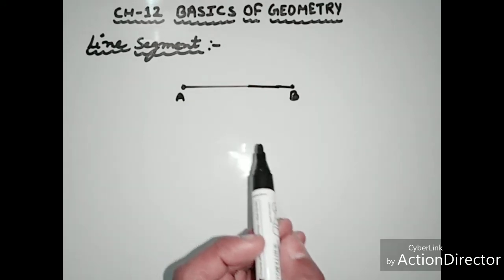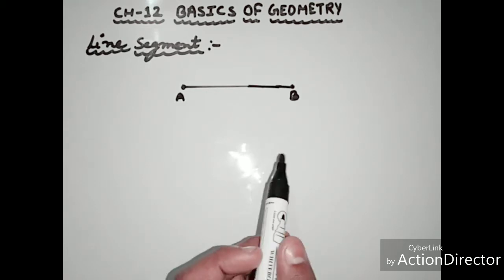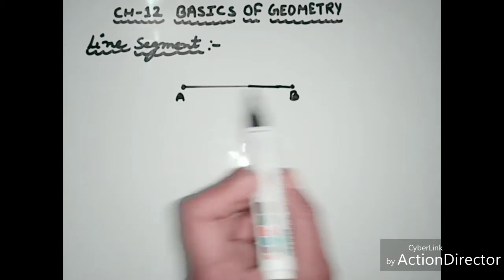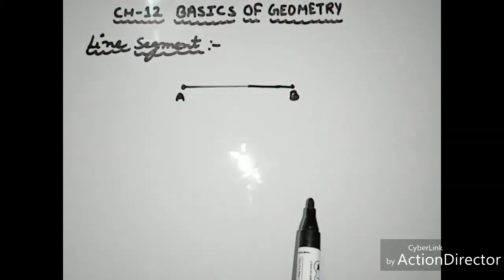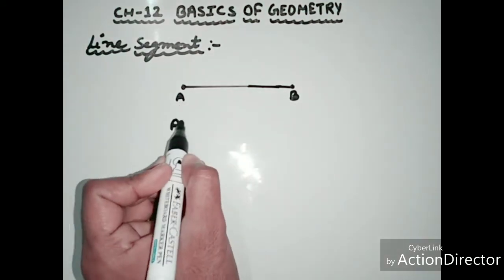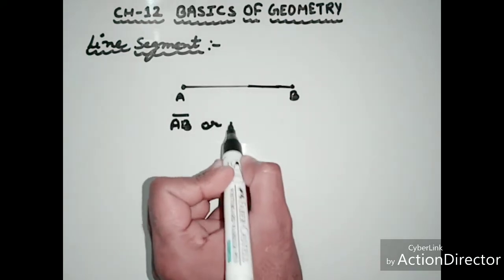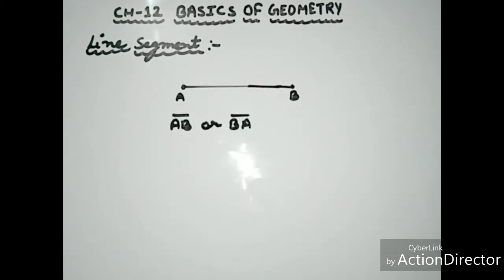The points at which the line segment begins and ends are called its endpoints. Like A and B are the endpoints of this line segment. Every line segment has two endpoints. A line segment is named by using its endpoints, like line segment AB, and this is the symbol of a line segment, or line segment BA. A line segment is also the shortest path between 2 points.